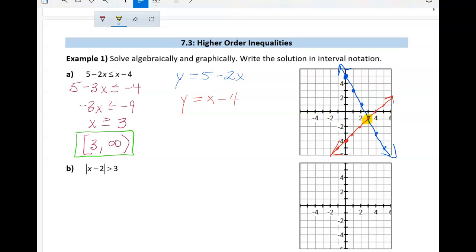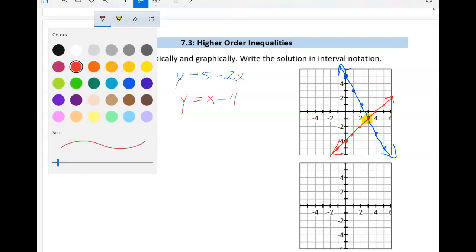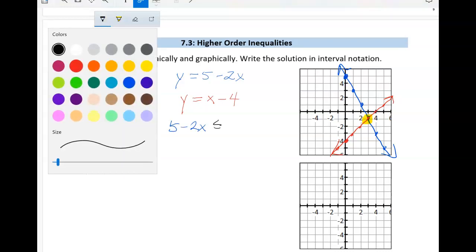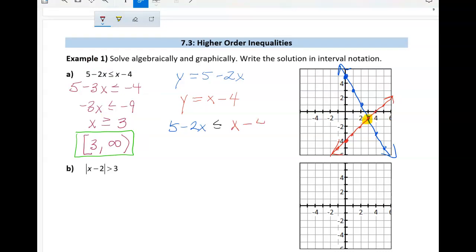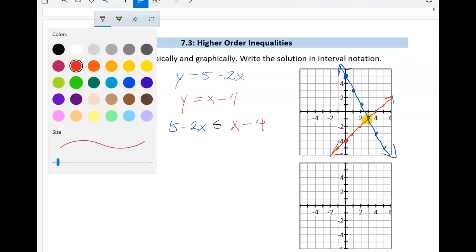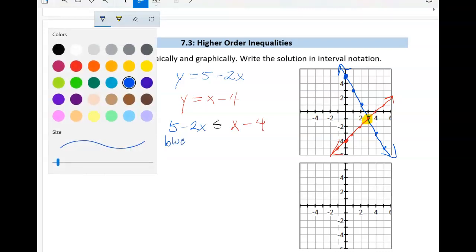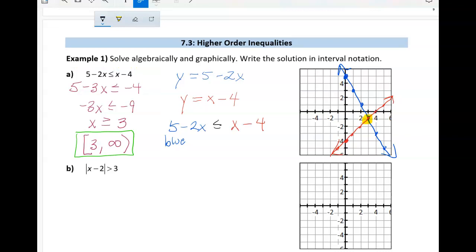Now if we take our inequality, we're looking for where 5 minus 2x is less than or equal to x minus 4. So we are looking for where that blue graph is lower than the red graph.